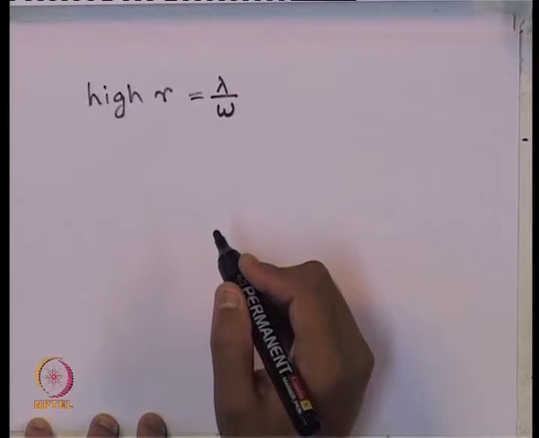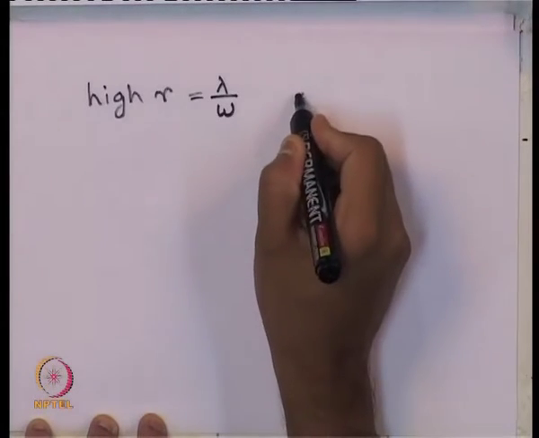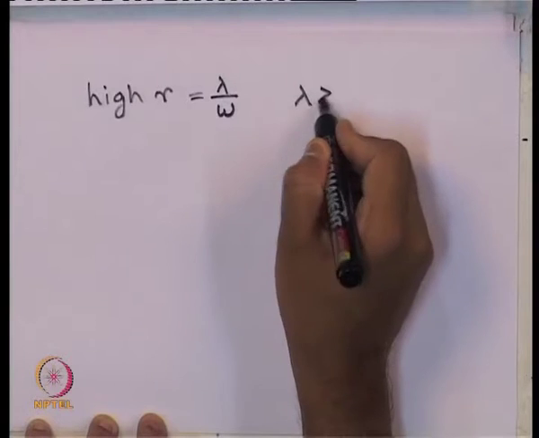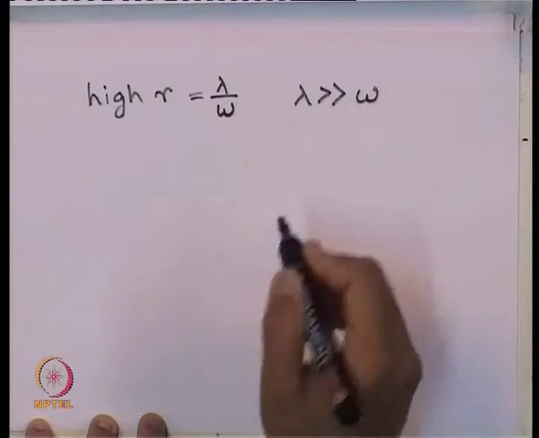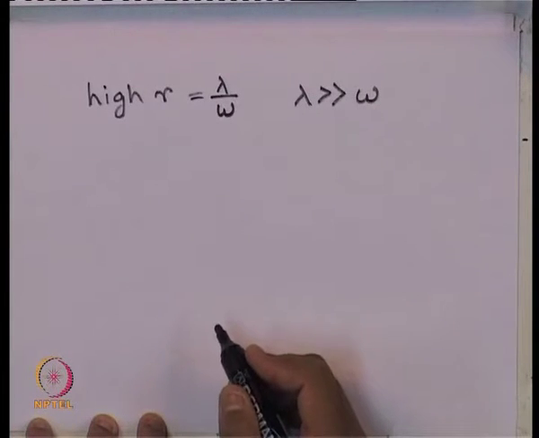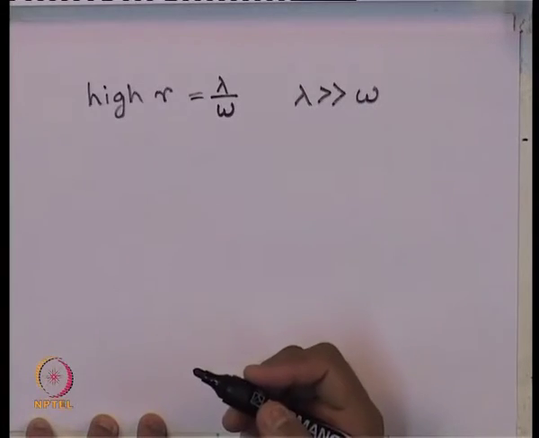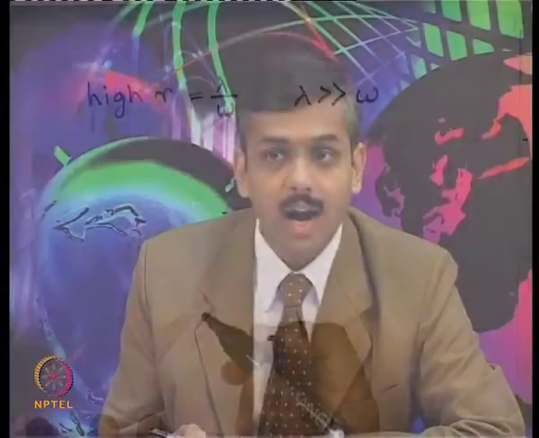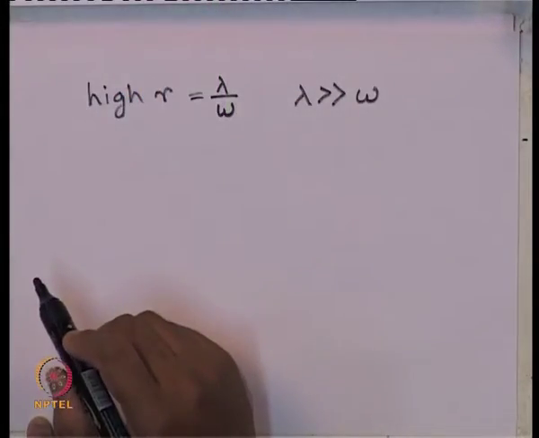What does it mean? That means lambda, the applied external frequency, is very high compared to the natural frequency of the system, which will give us a very high value of R.